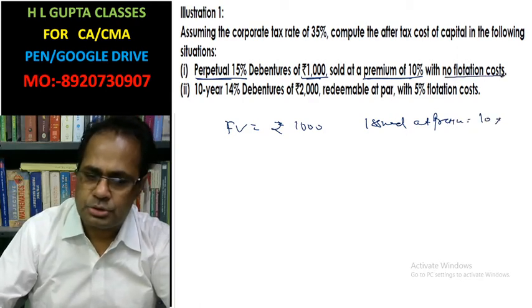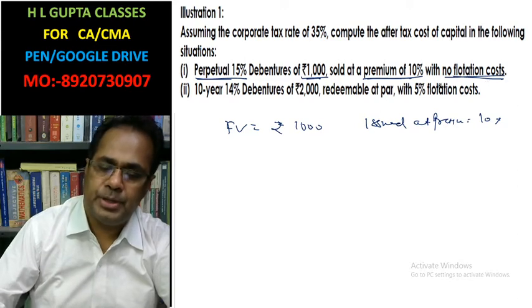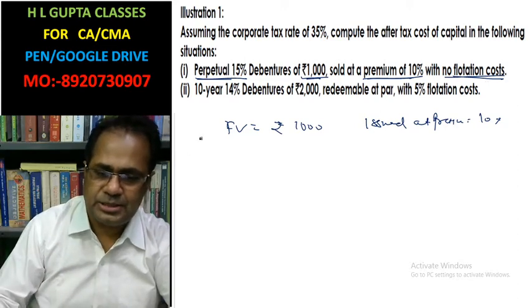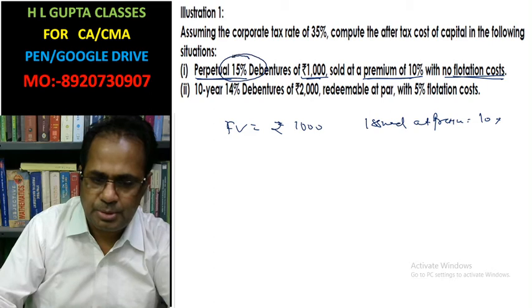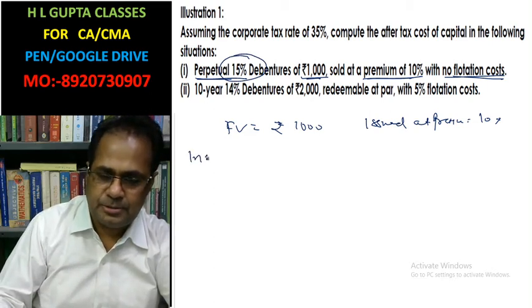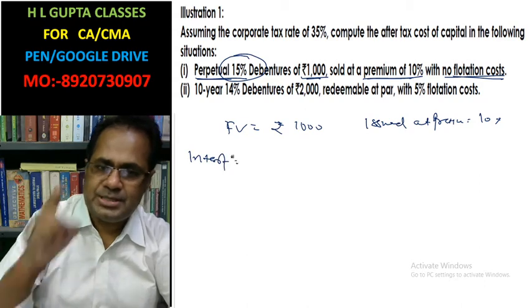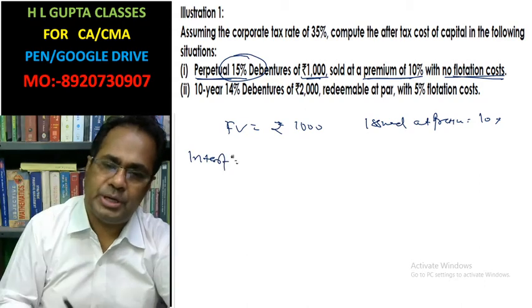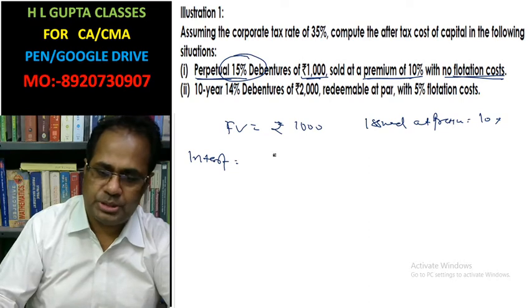No floating cost. The interest rate is 15% because these are 15% debentures. Now you have to calculate interest. Interest is always calculated on face value.